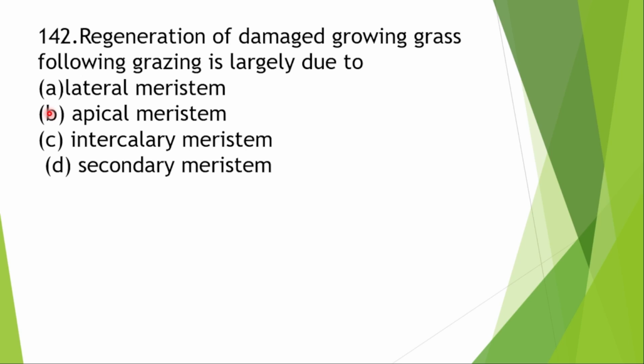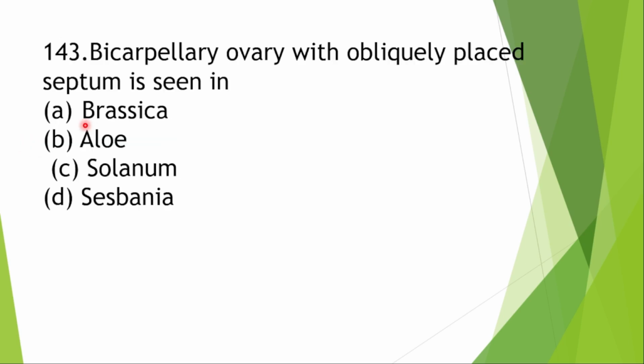Regeneration of damaged growing grass following grazing is largely due to lateral meristem, apical, intercalary, secondary meristem. It is the intercalary meristem. 143. Bicarpellary ovary with obliquely placed septum is seen in Brassica, Aloe, Solanum and Sesbania. So it is seen in Solanum.